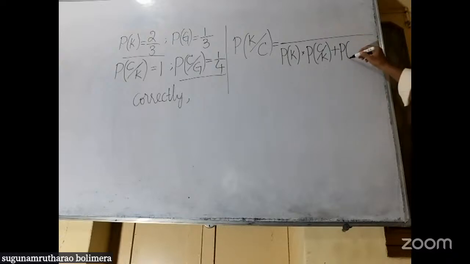Next, probability of guessed answer and probability that he says the correct answer: P of G into P of C given G.